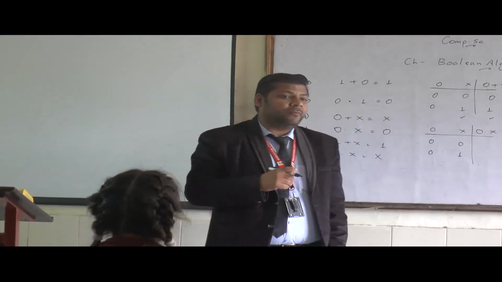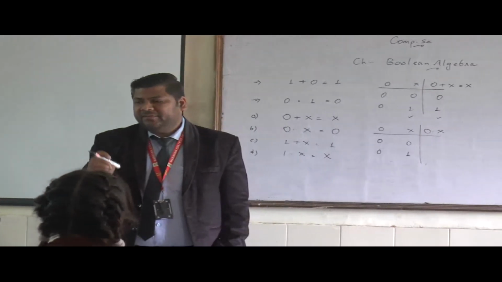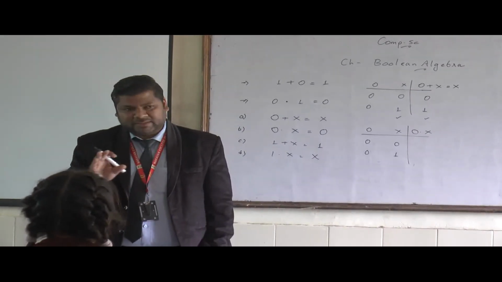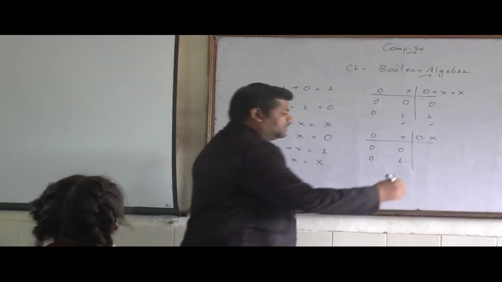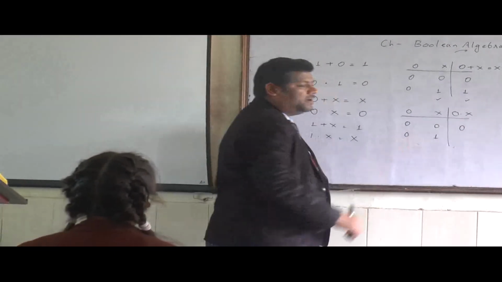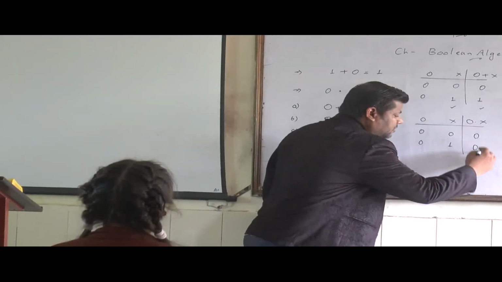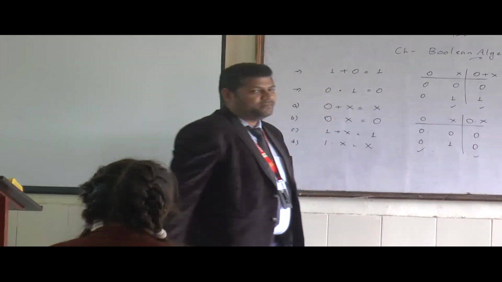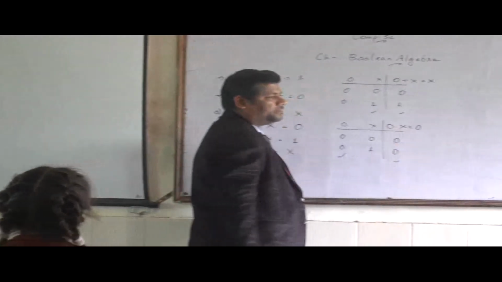What will we get in AND operation? If all the inputs are high, then only 1 will be produced, isn't it? So 0 and 0, 0 and 1, again 0. So are these column values matching with 0? So we can say 0 dot x equal to 0.